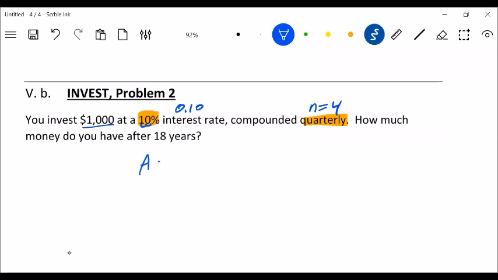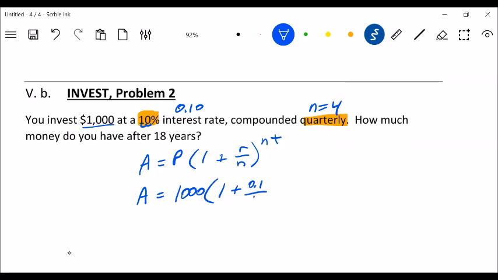So let's use the formula. A is equal to P, 1 plus R over N, to the NT. We don't know what the amount is, but we know that the principal is $1,000. 1 plus the interest rate is 0.1, and then quarterly is 4 times, and then this is 4t.